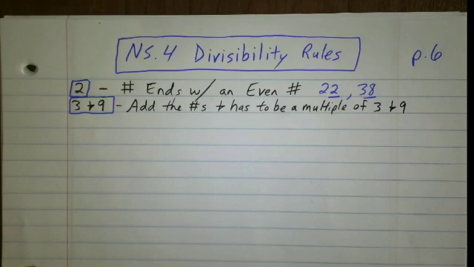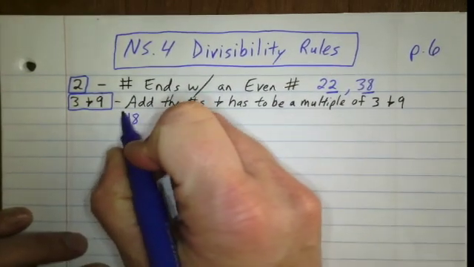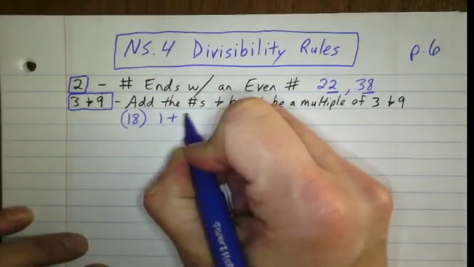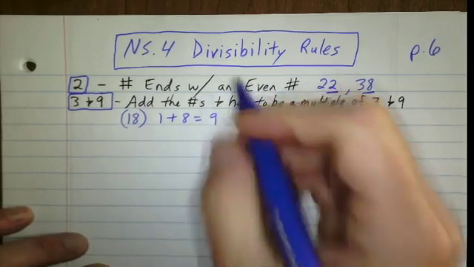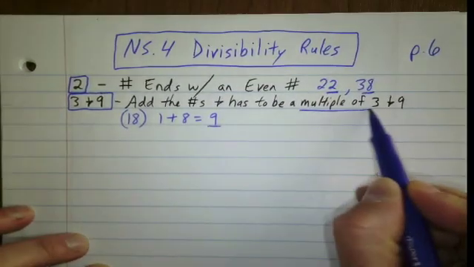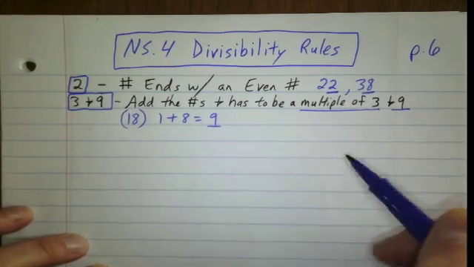So what do I mean by adding the numbers and it has to be a multiple of 3 and 9? So for example, if I give you 18, the number is 18. If I add those together, you're adding a 1 plus 8, which equals 9. So you're looking at, is 9 a multiple of 3? Yep. 3, 6, 9. Is it also a multiple of 9? Yep.